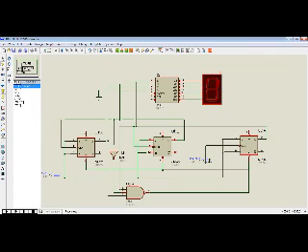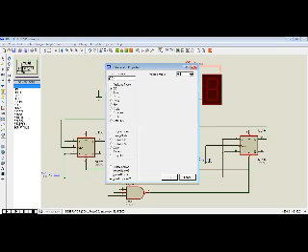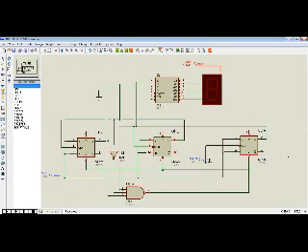Those are the connections. Then we need to connect this pin to a high, being a common anode 7-segment display. So we connect this to a high and make sure that this is 5 volts. That we are done. Those are the connections we need.